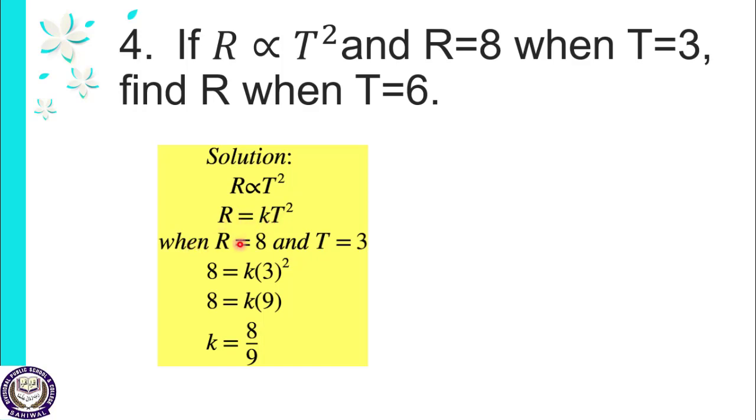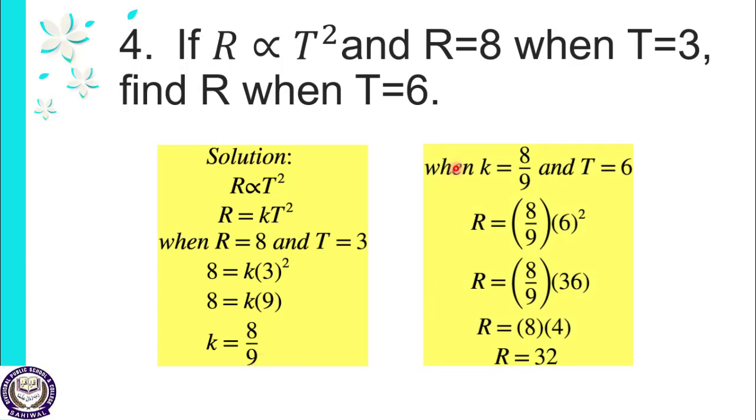When r is equal to 8 and t is equal to 3, this equation will be 8 is equal to k times 3 square. 3 square equals 9, and when we divide 8 by this 9, we get the value of k, that is 8 over 9.